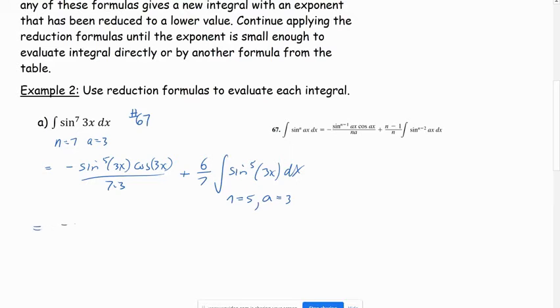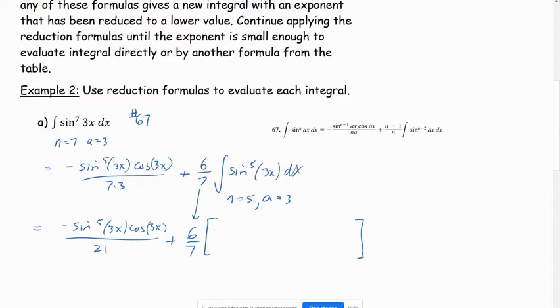This first one becomes negative sine to the 5th, 3x cosine 3x over 21. And then this is going to be 6/7. All the stuff inside the integral now we're going to replace with the reduction formula.